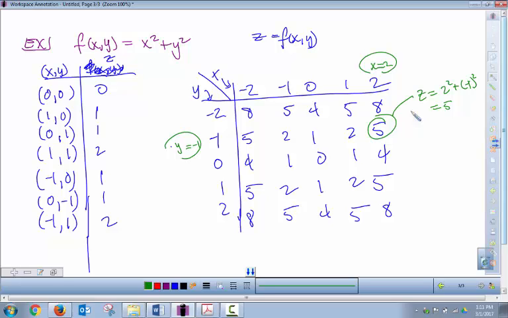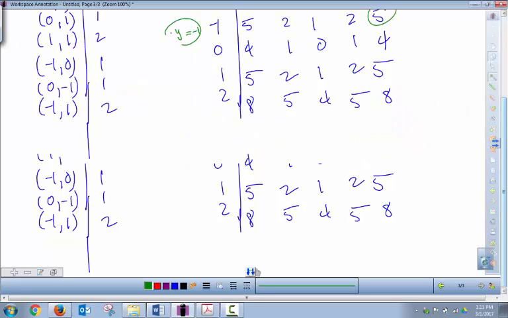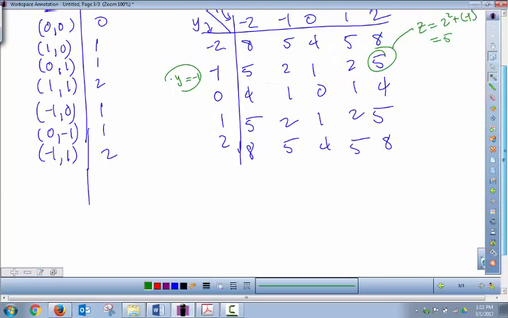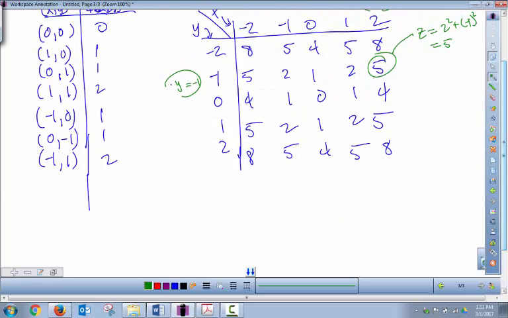All right, now let's see if we can graph this, get a graphical perspective of these functions. And, well, we have the variable x and we have the variable y, and then we just designated f of x, y to equal z, so now we have the third variable z.